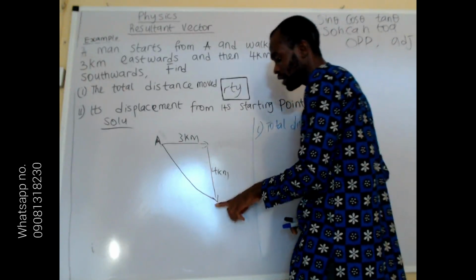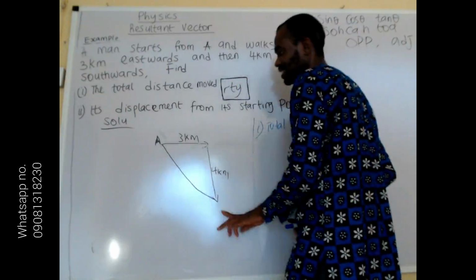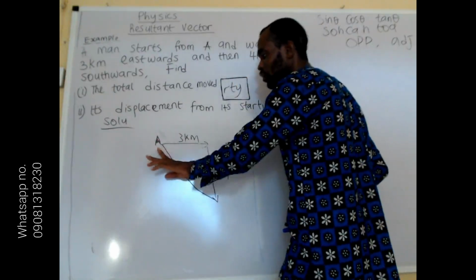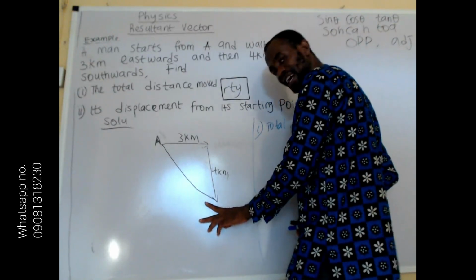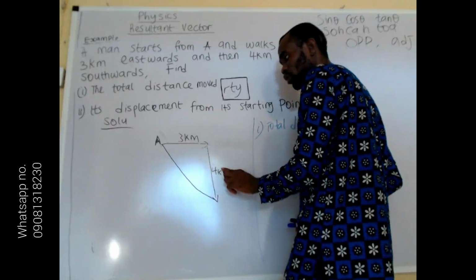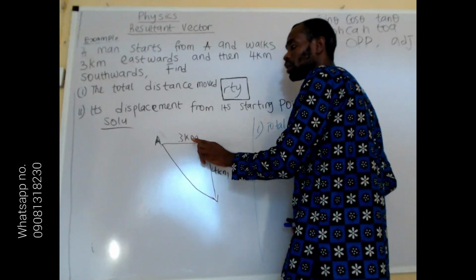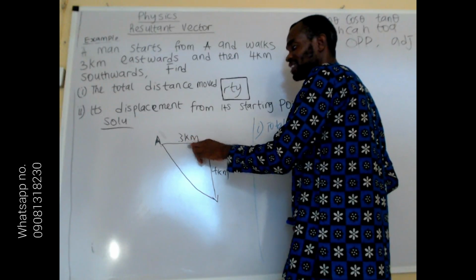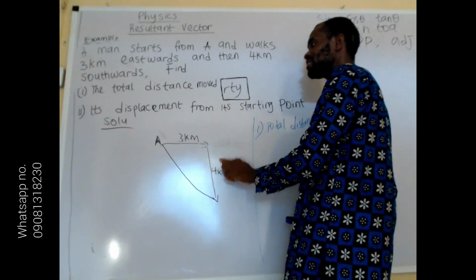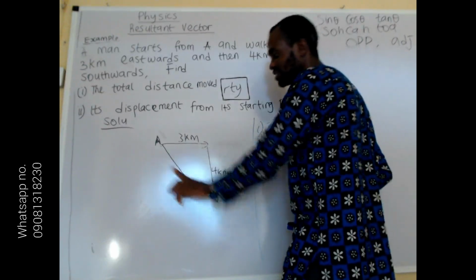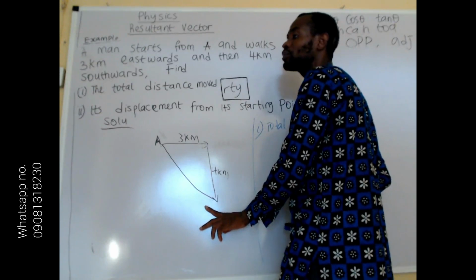So they ask for the displacement from its starting position. You are looking at this distance and the direction, which will give us this displacement. This line is the resultant of these two vectors, which were both displacements, both vectors.